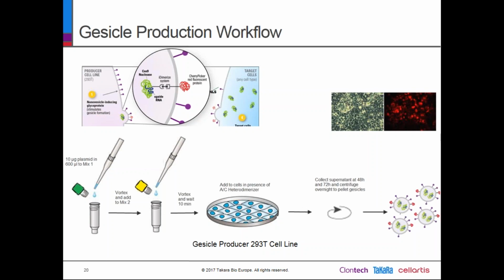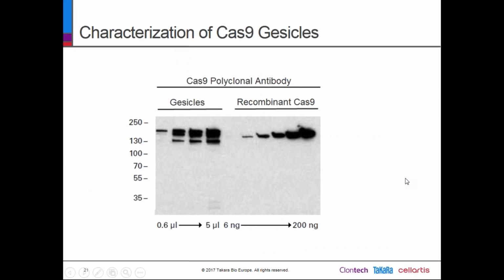However, the red fluorescence will not show you if you have really efficiently packed Cas9 into your jasicles. And for this, one easy way to do so is just to do a Western blot in which you will lyse part of your jasicle production and do a Western blot with a Cas9 antibody and, for example, compare to recombinant Cas9 if you have, to see which quantities you have packed into your jasicles.